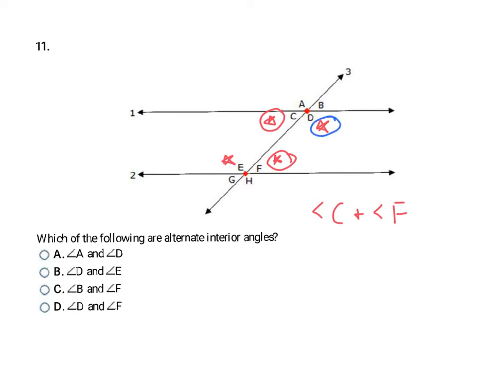And then if I look at angle D, the angle on the opposite side of the transversal is angle E. So that's going to make angle D and angle E alternate interior angles also. And the one pair that's listed in my answer choices here is choice B. So that's going to be my final answer.